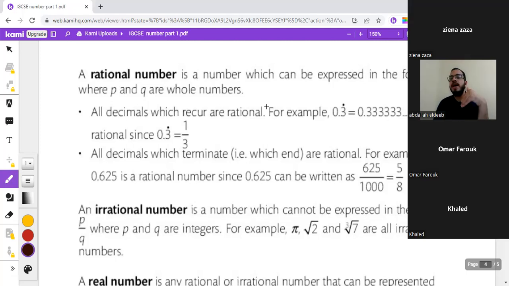We have a recurring decimal, which is repeating itself all the time and forever to infinity. Like if you write 0.666 like this, forever, which is 2 out of 3.